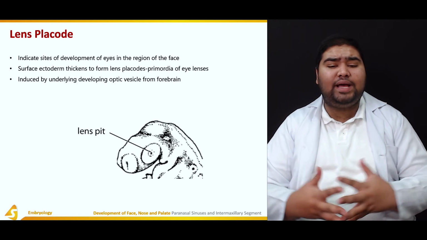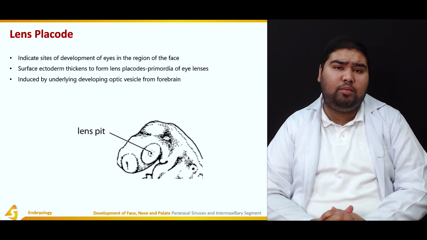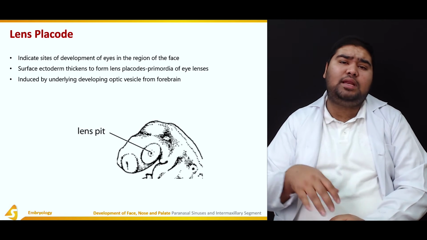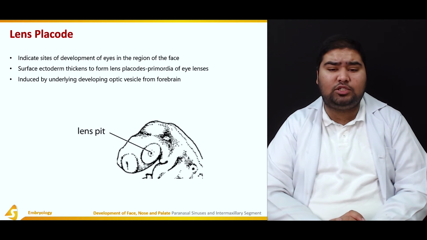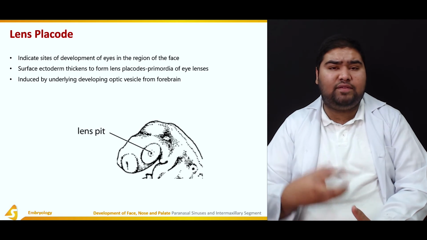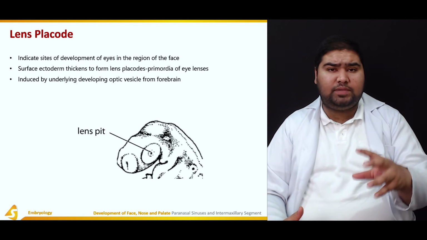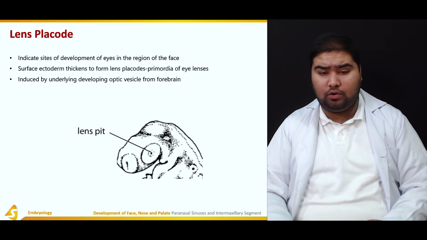They are induced by the underlying developing optic vesicles from the forebrain. So the forebrain plays an important inductory role, in the sense that the optic vesicle of the forebrain induces the formation of the overlying lens placode.